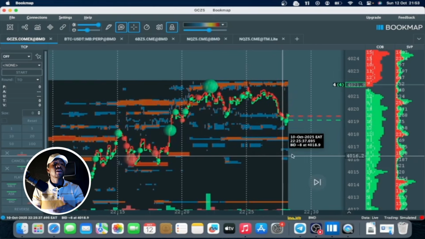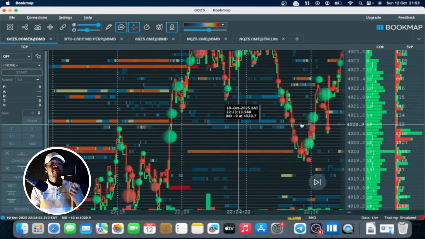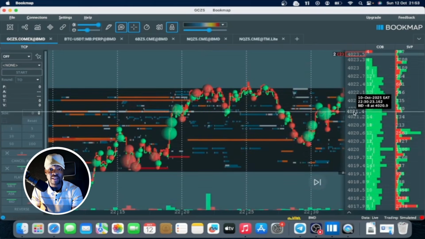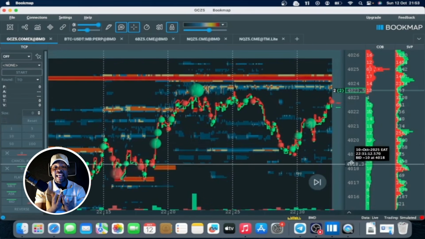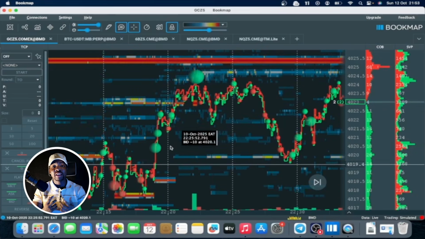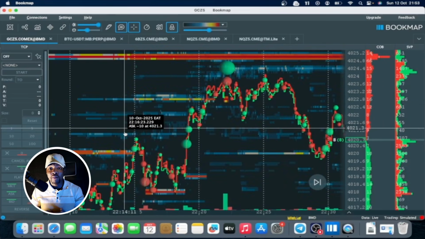Why colors? Because our brains love visuals. Studies show that we process images 60,000 times faster than text. So a heatmap lets you glance and instantly see support and resistance walls, huge buy orders holding prices up, or resistance cliffs where sales pile up to crush the party.